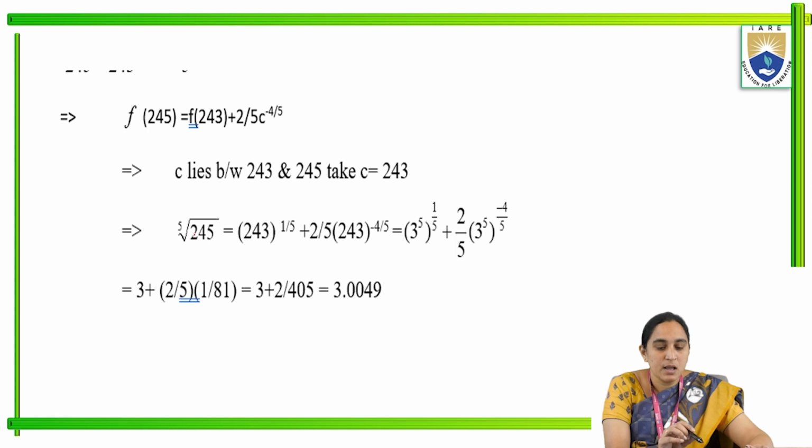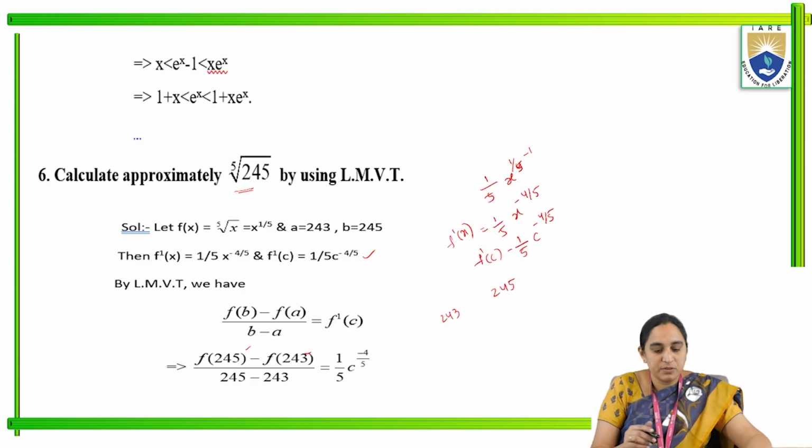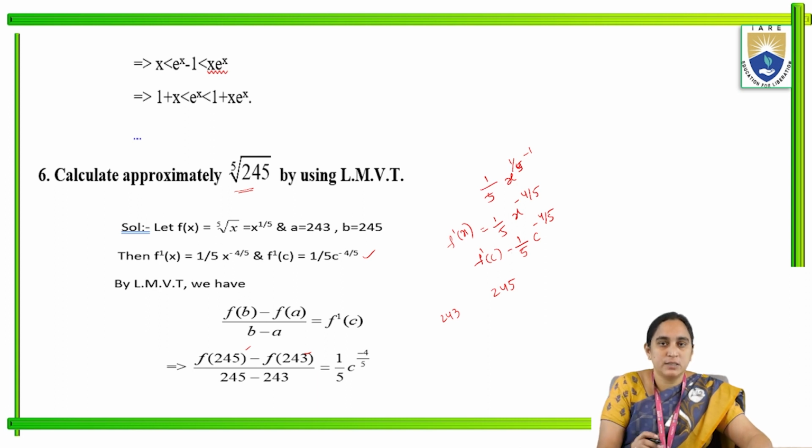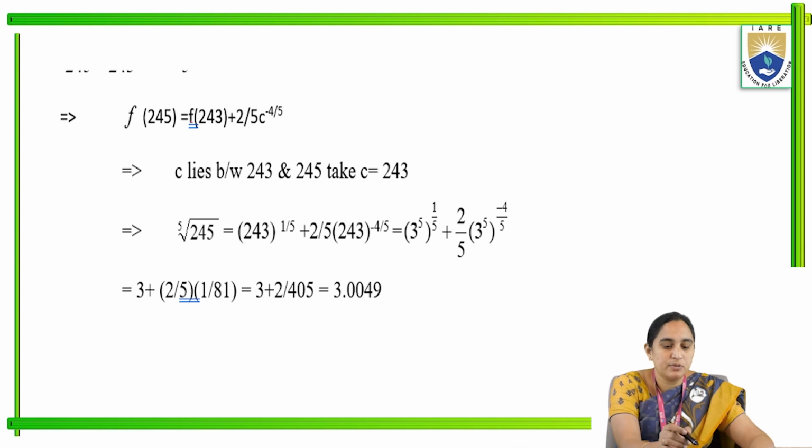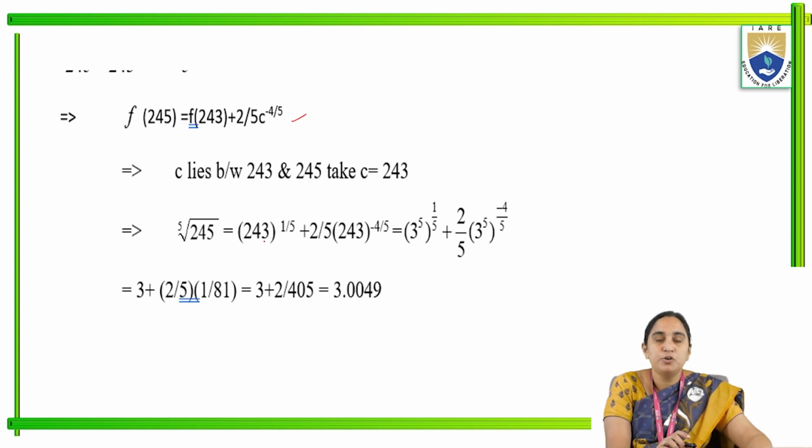From the first equation we find the f of 245 value and f of 243 value, and after that substitute there, that is the fifth root of 245. From this we get directly the fifth root of 245 is equal to 243 whole power 1 by 5 plus 2 by 5 into 243 whole power minus 4 by 5, that is 3 by 5 whole power 1 by 5 plus 2 by 5 into 3 by 5 into minus 4 by 5.